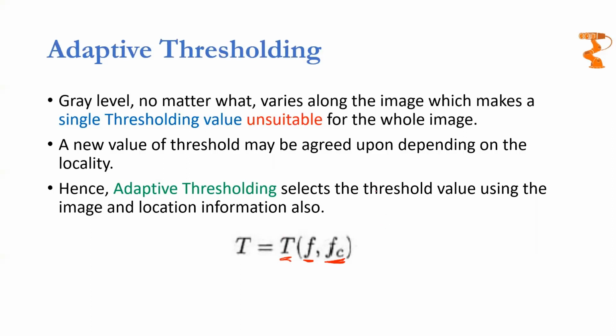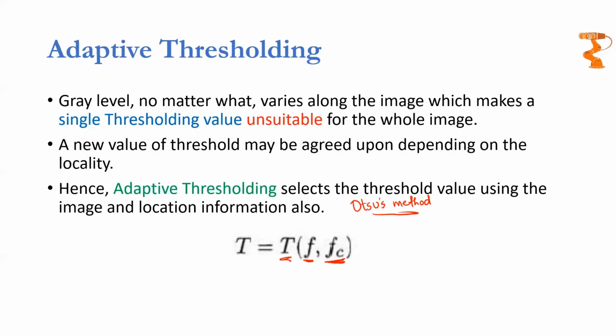If you remember the function that uses Otsu's method for finding an optimal threshold value, this method will give you a threshold value for a particular image, but it is going to use the complete image at once.